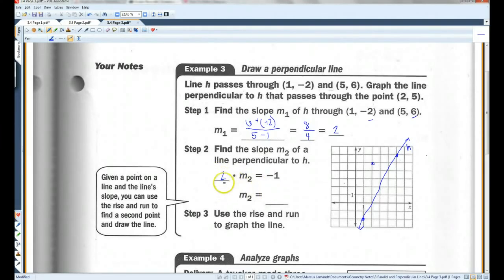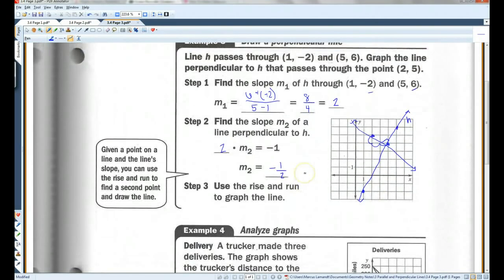I'd recommend you just take this, flip it over, and change the sign. -1/2. Okay? So from here, use the rise and run to graph the line. So, I'm going to go down 1 over 2. And if my line was straight, that would be a right angle. Okay?